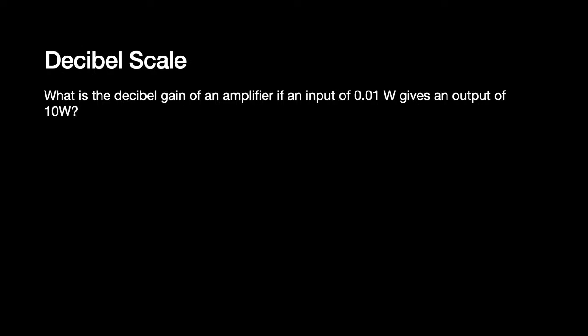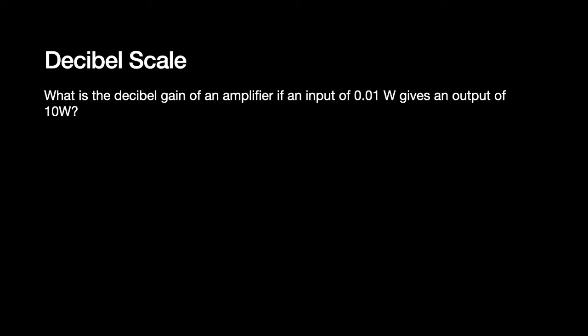So you can see it's a very simple calculation. Your W1, which is input, can become one of the values. W2, which is output, can become the other value. You can divide.